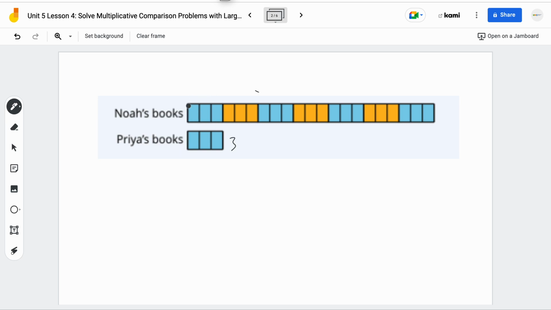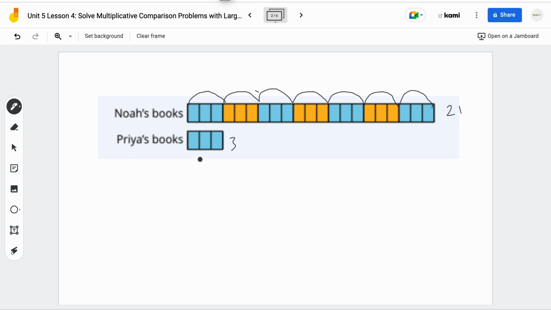Well, he has 1 time as many, 2, 3, 4, 5, 6, 7. And we can see that he has 7 times as many. So right here, he has actually 21 books.